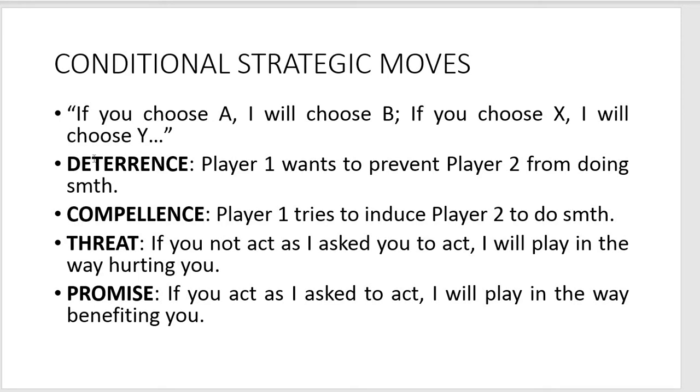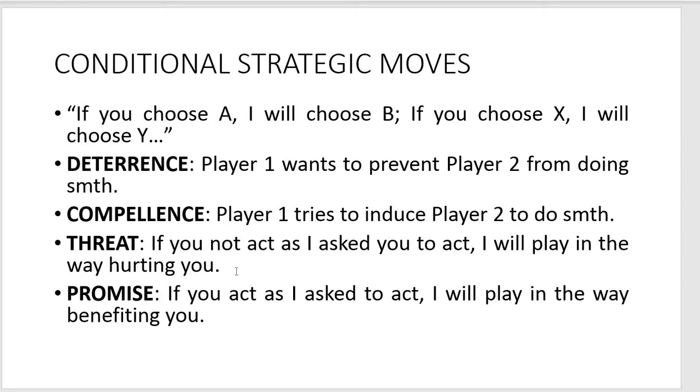Deterrence occurs when player 1, the one who is to undertake the strategic move, would like to prevent the second player from doing something. And compellence occurs when player 1, the person trying to apply whatever strategic move, tries to induce the other player to do something.